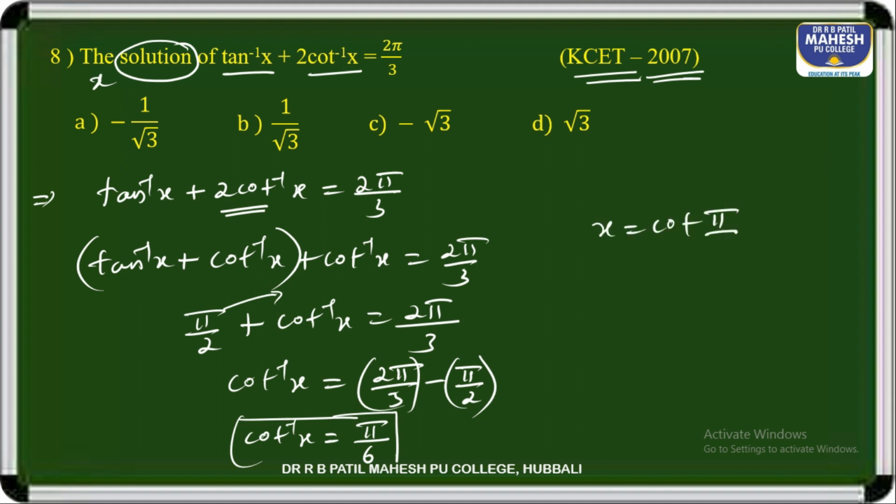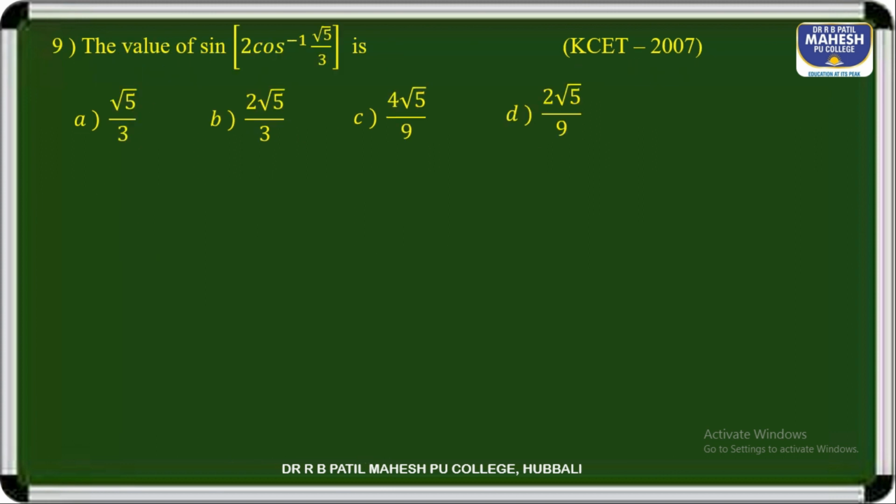Definitely. So from the table, cot pi by 6 is root 3. Remember the standard table, that is root 3. Therefore x value is root 3. Where is it in the options? Option D. Yes, D is going to be the correct option for this question. That is the solution of the given expression. Hope you followed the logic and the magic for this question. Number 9.